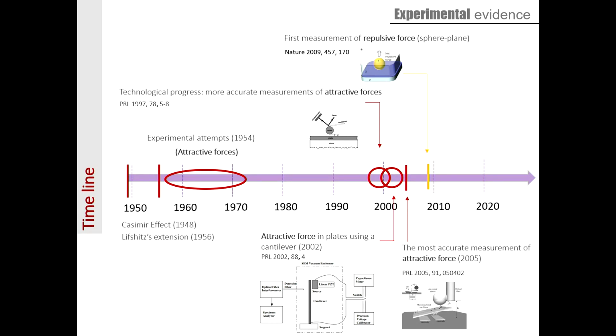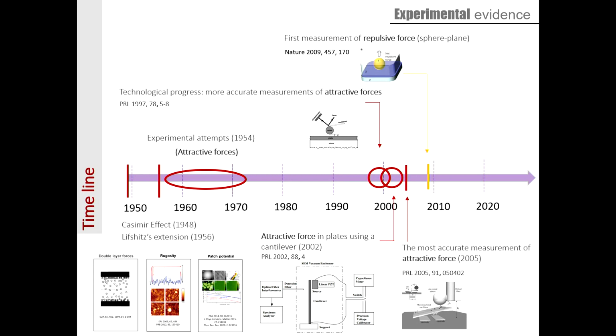Then in 2009, the group of Capasso also measured for the first time a repulsive Casimir force, again between a sphere and a plane, and also considering a fluid in between the sphere and the plane. Part of the difficulties have to do, as Karsten also said before, with the presence of other forces, like the double layer force, the roughness of the samples, or the presence of patch potentials.